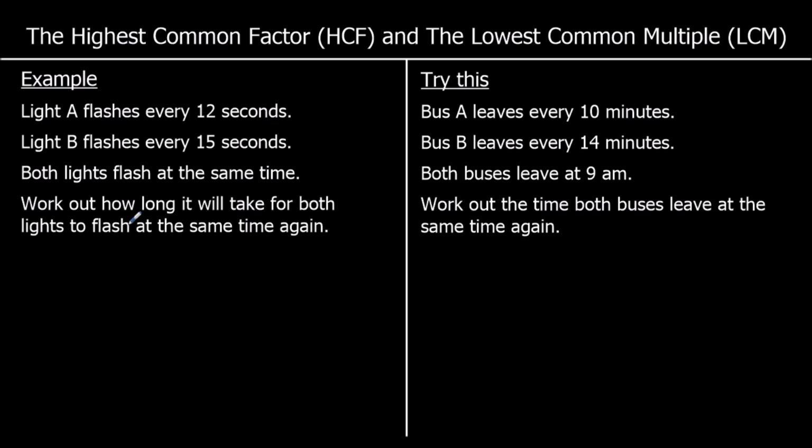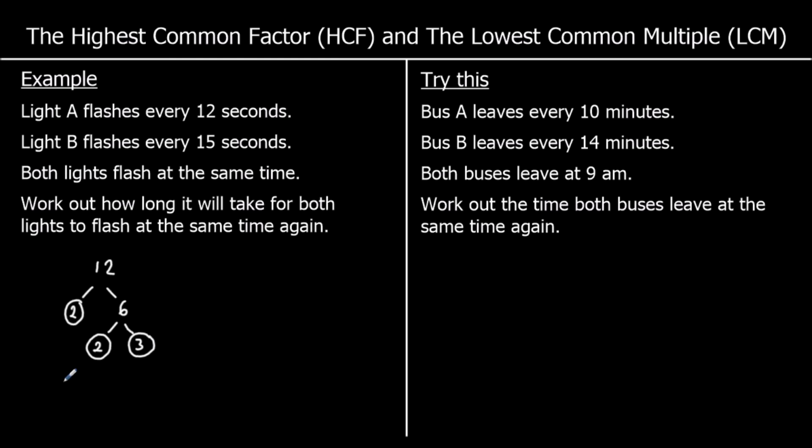So we could write down the multiples of 12 and the multiples of 15 and find the lowest one, or we could break them down into their prime factors and do the Venn diagram again. So I'm going to do the prime factors. So I'm going to say 12 is 2 times 6, and 6 is 2 times 3.